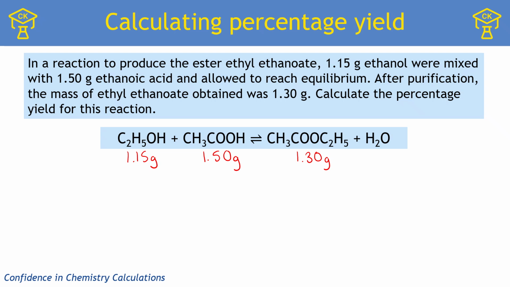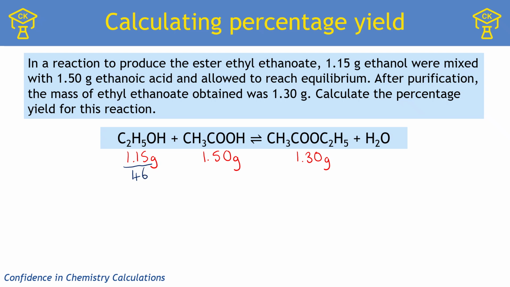Since I've been given both of the masses, I also need to determine if either one of them might be the limiting reagent. So I'm going to need to do a mole calculation for both the ethanol and the ethanoic acid. So I'm going to work out my RFMs. My RFM of ethanol is 46, so I'm going to do 1.15 over 46.